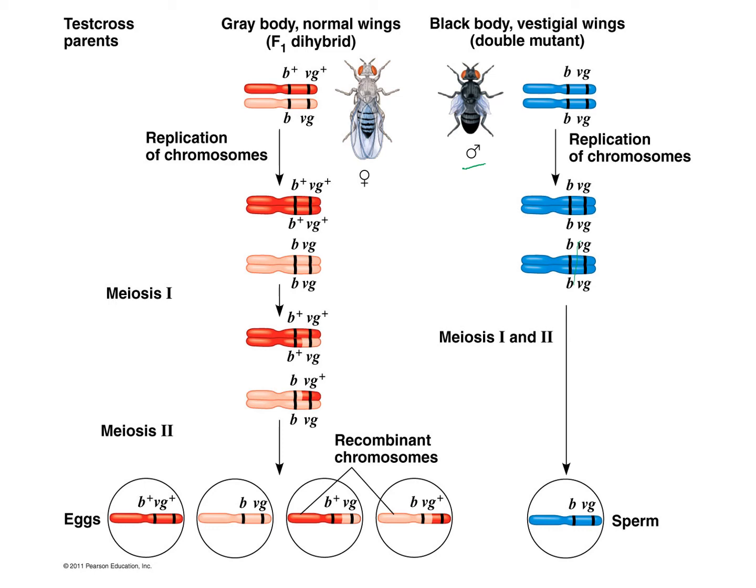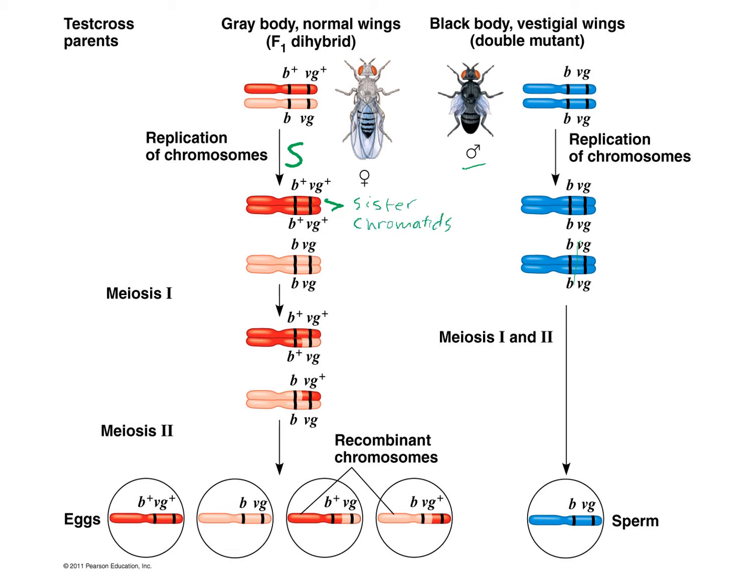But if we look at the female fly that was heterozygous, so we had double mutant and double normal chromosomes, during the S phase, okay, so that's here, each of those chromosomes would replicate, so now we have two sister chromatids, right?